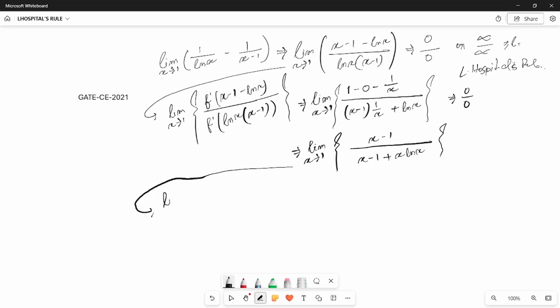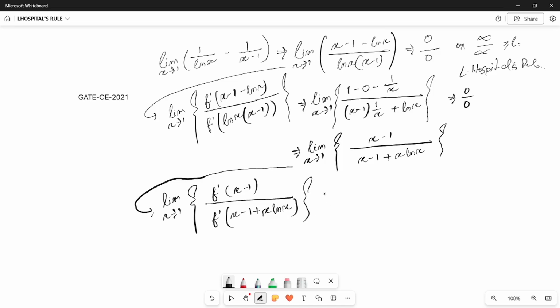That is limit x tends to 1, f dash of this, x minus 1 by f dash of x minus 1 plus x ln x.